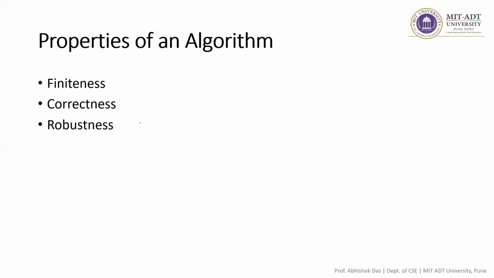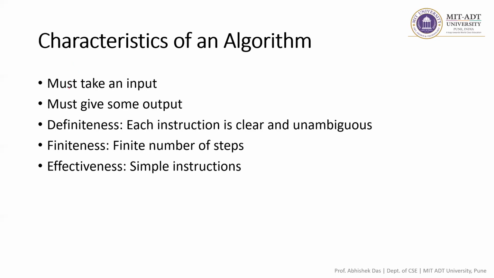Now, before coming to the time and space complexity of a particular algorithm, I just want to explain the different characteristics of a particular algorithm. Okay, so coming to the characteristics of an algorithm, it must take an input, and it must also give some outputs, right?